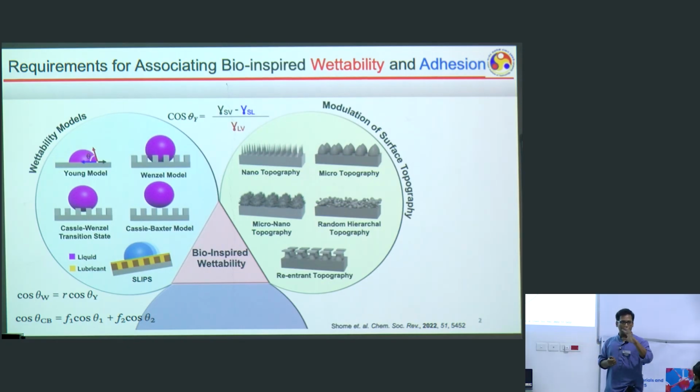But in those approaches, I won't say a problem, but the chemistry is very blunt. It's just hydrophobic modification, some sort of hydrocarbon chain decorated on different sorts of interfaces having fascinating micro and nano domains.